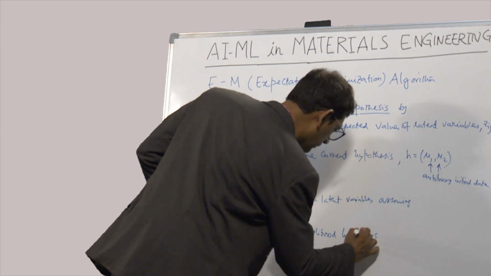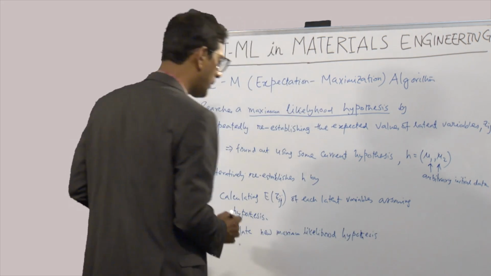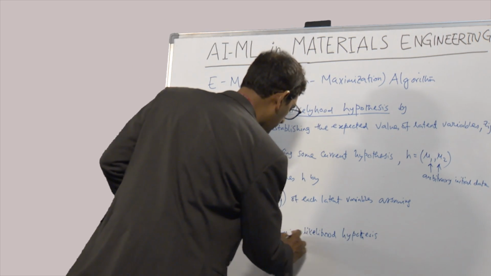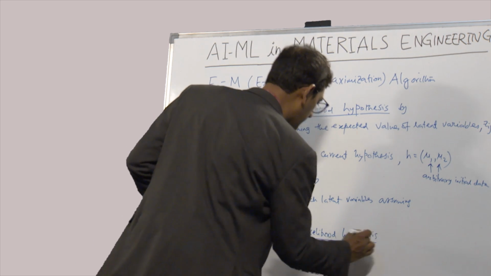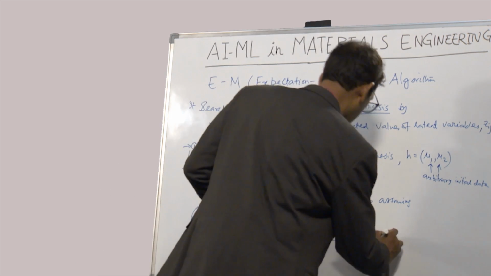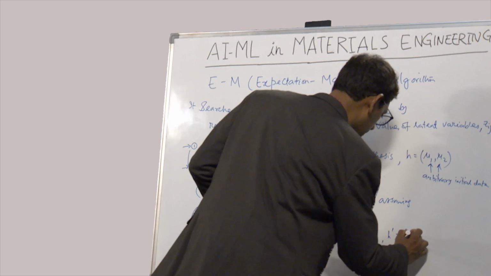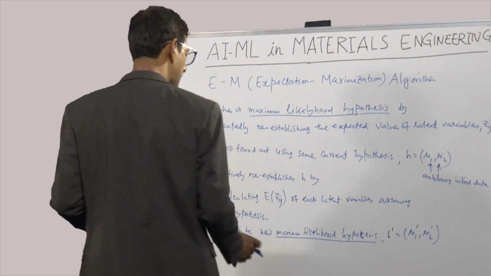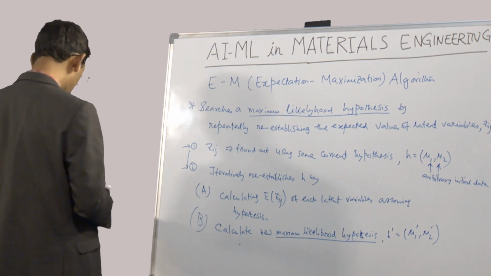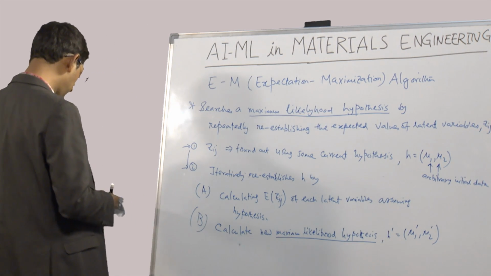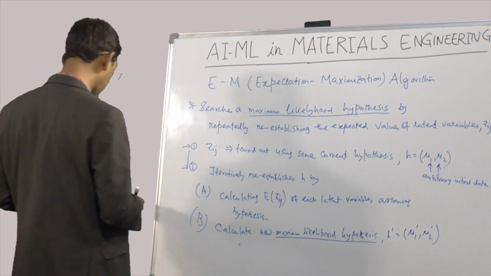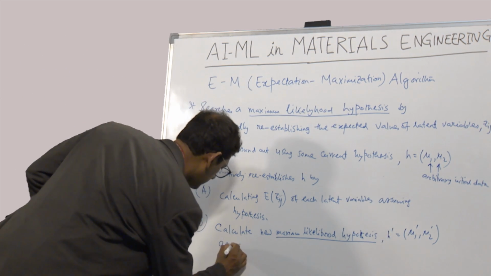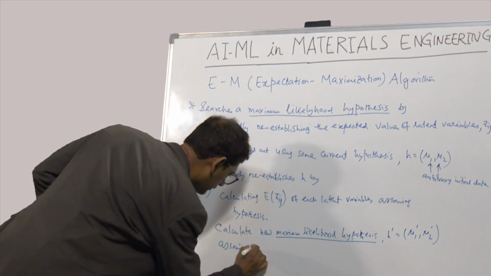This term sometimes may look like Hebrew, but likelihood hypothesis is very widely used in mathematical statistics, and that can be h prime is mu 1 prime, mu 2 prime. I am writing in general, assuming values taken from the individual latent variables.